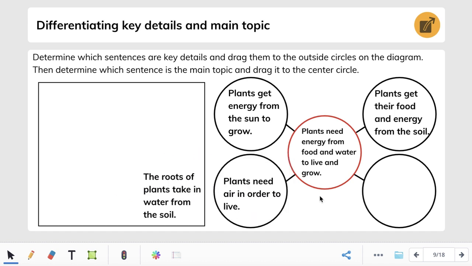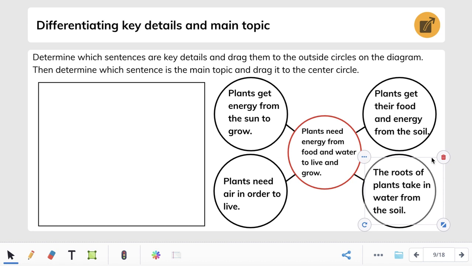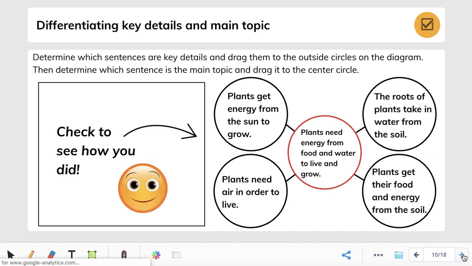Well, this is a detail telling us how they live. What do they need so they can live? And this last one, the roots of plants take in water from the soil. So that's telling us how they drink their water. So all four of these are details for the main idea. Plants need energy from food and water to live and grow.